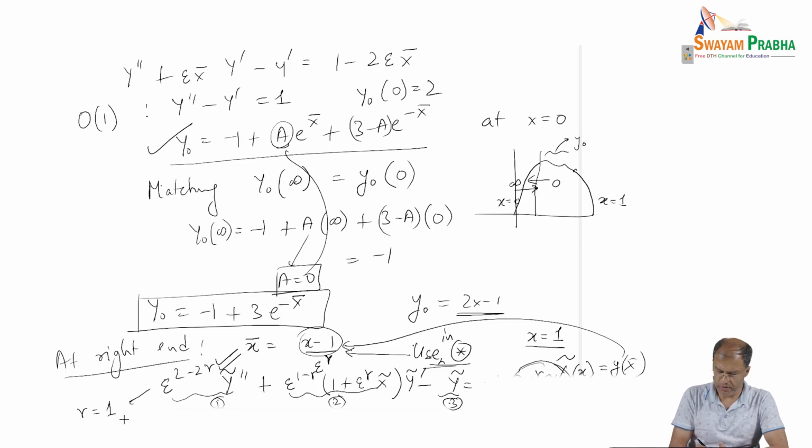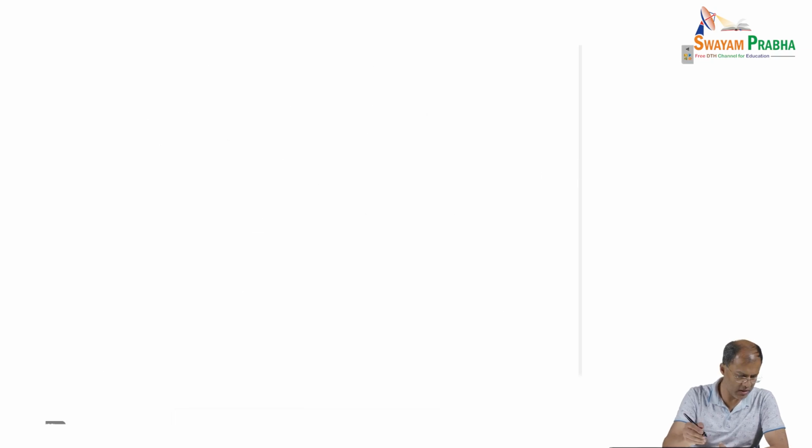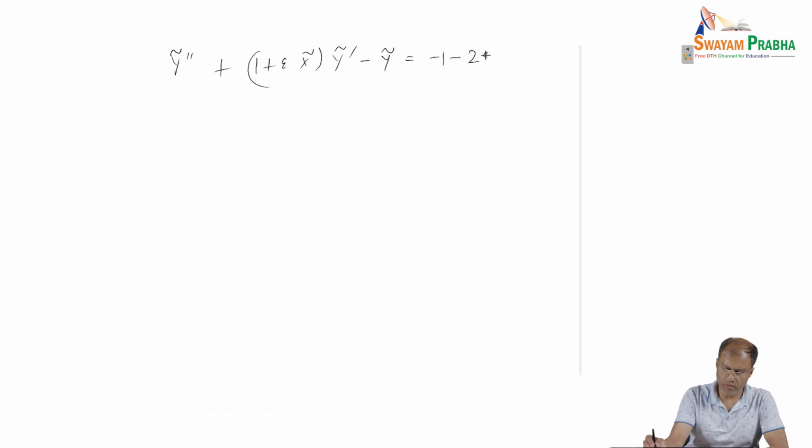Plugging it into this new ODE, we will solve this ODE. We will see that this is y tilde double prime plus 1 plus epsilon x tilde y tilde prime minus y tilde is equal to minus 1 minus 2 epsilon x tilde.